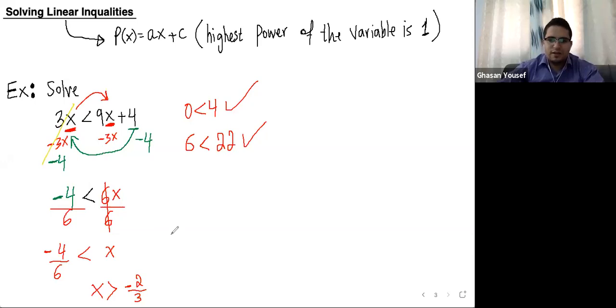Now let's check a number less than minus 2 over 3, which should not be satisfied. Give me a number less than minus 2 over 3. Minus 1.